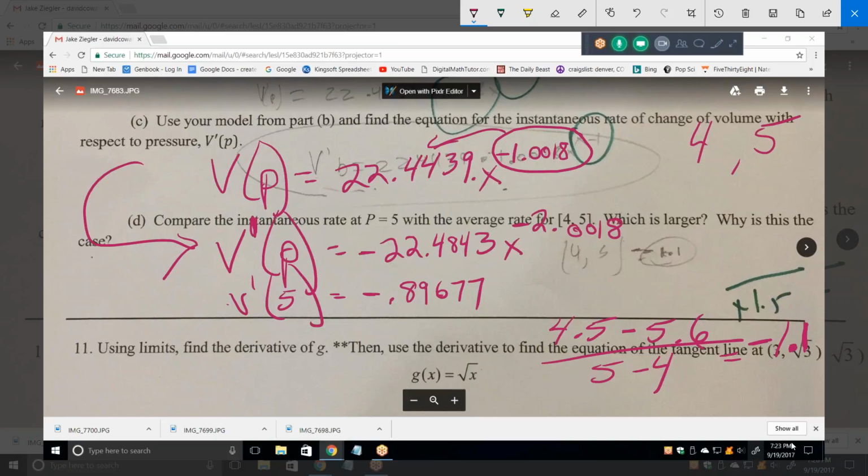In other words, rise over run. And I get minus 1.1 as an answer. So that's minus 1.1 as the average rate of change. This is minus 0.896, which is the instantaneous rate of change at 5. Now, it's interesting that they say which is larger.